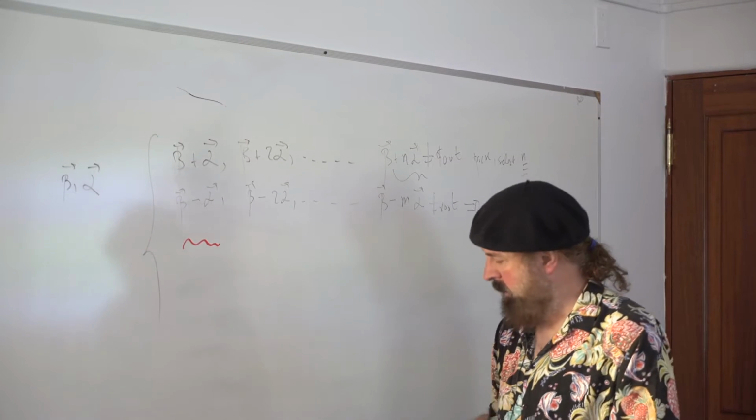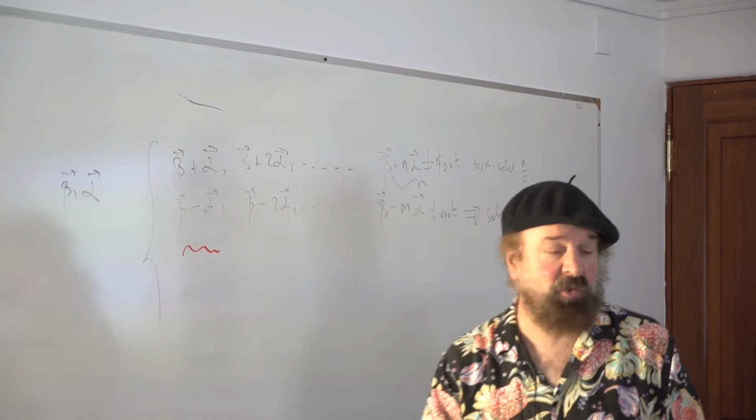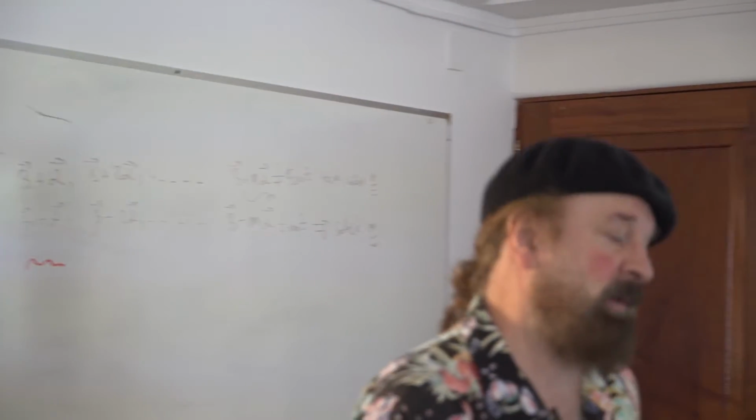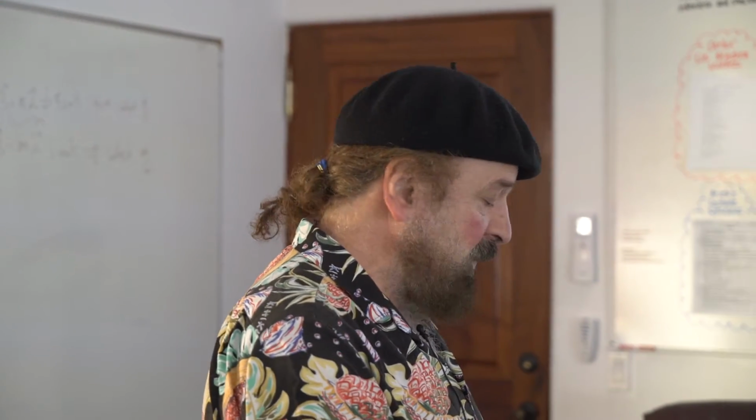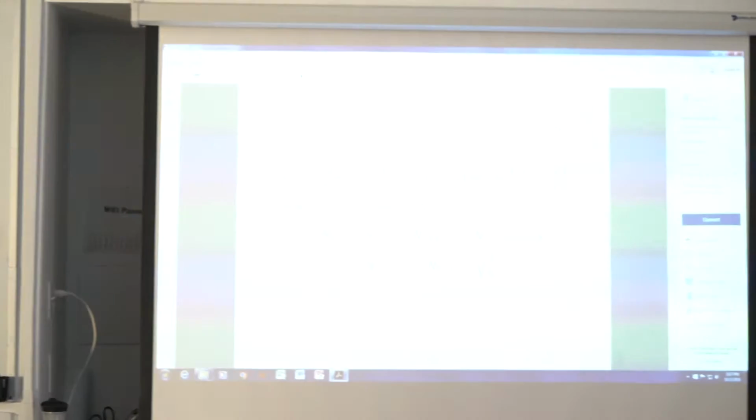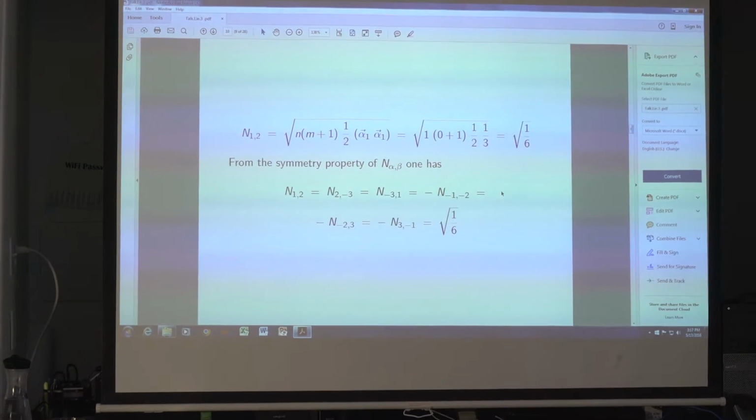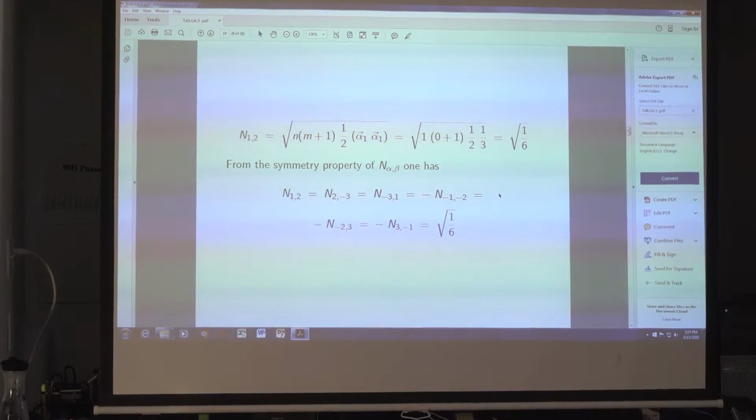Okay, so for the SU3 algebra, which is a rank 2 algebra, the values of n and m turn out to be n equals 1 and m equals 0. And why?